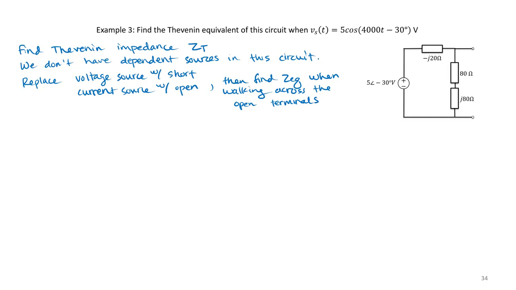So in this case, our voltage source gets replaced with a short. And notice now all that's left is we have that minus j20 ohm impedance up top, and we have an 80 plus j80 ohm impedance on the right.